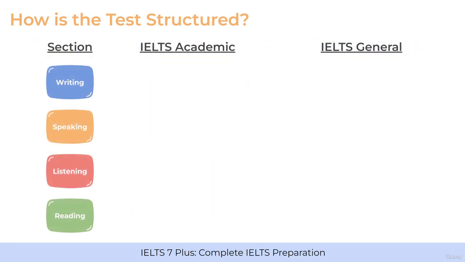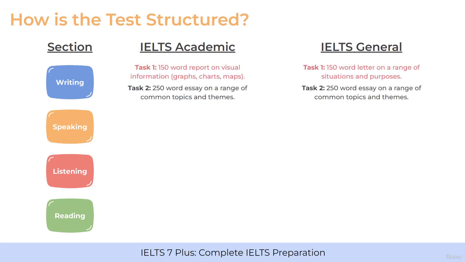Okay, so how is the test structured differently between academic and general IELTS? Well, in the writing section, task 1 is slightly different. So task 1 for IELTS academic is a 150-word report on visual information. So you'll have to report on things like graphs, line charts, maps, diagrams and processes.